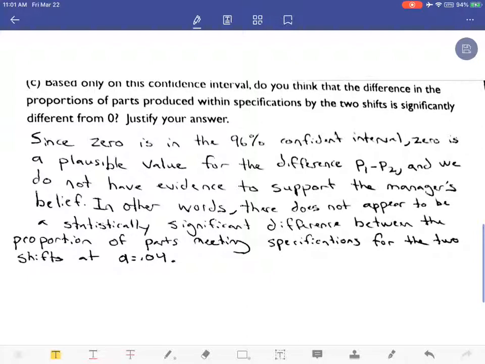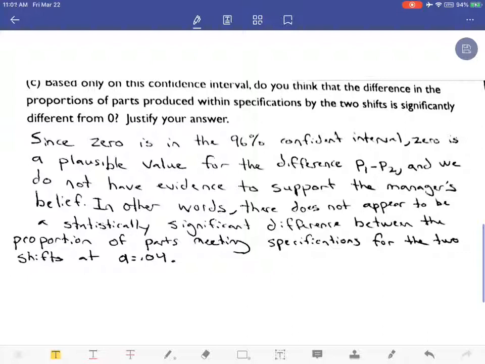And our response is, since 0 is in the 96% confidence interval, 0 is a plausible value for the difference of P1 minus P2, and we do not have evidence to support the manager's belief. In other words, there does not appear to be a statistically significant difference between the proportion of parts meeting specifications for the 2 shifts at a significance level of 0.04.